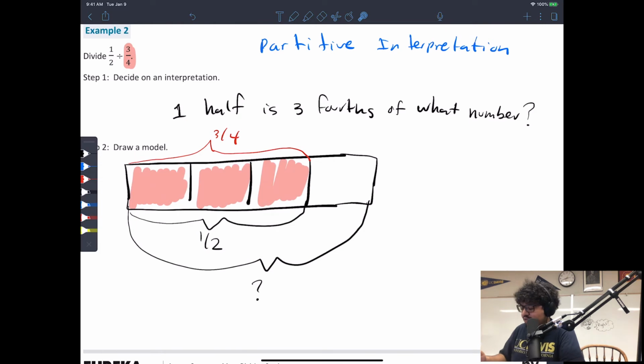To find the answer, I have to figure out what is the value of each box, so that then that will give me the value of the last one. I have to add them all together, and all of them added together will give me the answer I'm looking for. In order to find the value of this, there are 3 squares shaded, and all 3 together are worth 1/2. So I'll have to divide 1/2 by those 3 units so that it can tell me the value of each one of those little boxes.